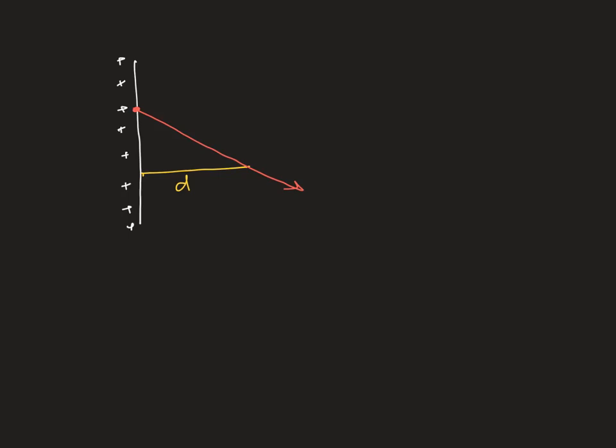Again, two fields, perpendicular and parallel, and theta. So I think we got the E perpendicular in the previous page. That was what? K lambda upon d into sine theta. But we needed some kind of integration limits.